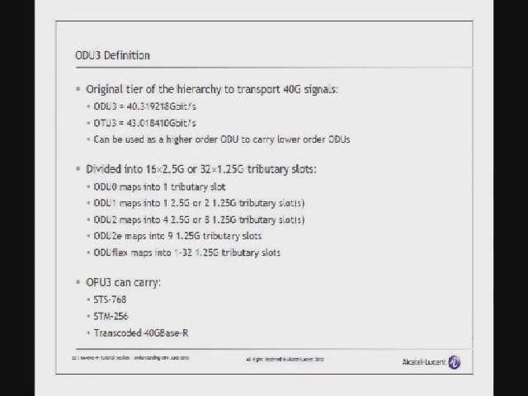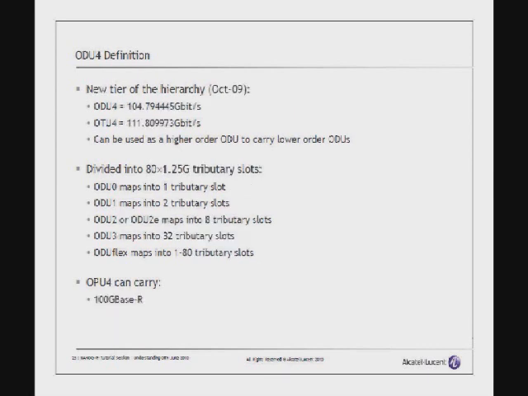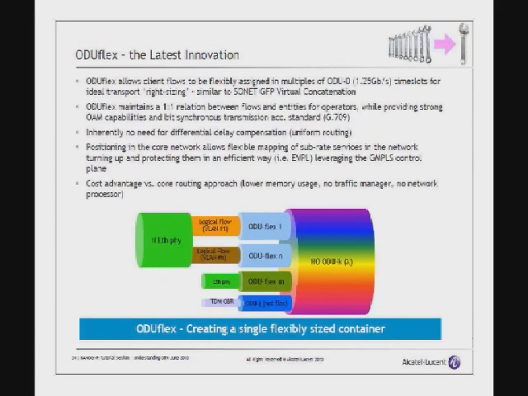Same structure with the ODU3, driving towards these types of services, and you continue to get an increase in the capacities that are supported as you go up the hierarchy. And similar for ODU4 at 100 gig, being able to drive in that data rate.